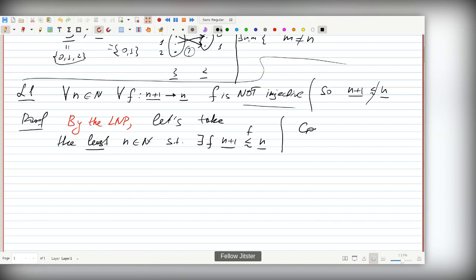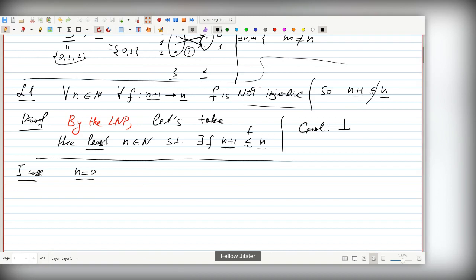So our goal is, of course, to obtain a contradiction. Formally, we have assumed that there is such a number n, and we have taken the least such natural number n. Okay, as is usual in arguments by induction, we consider two cases: when n is either 0 or when n is something plus 1.